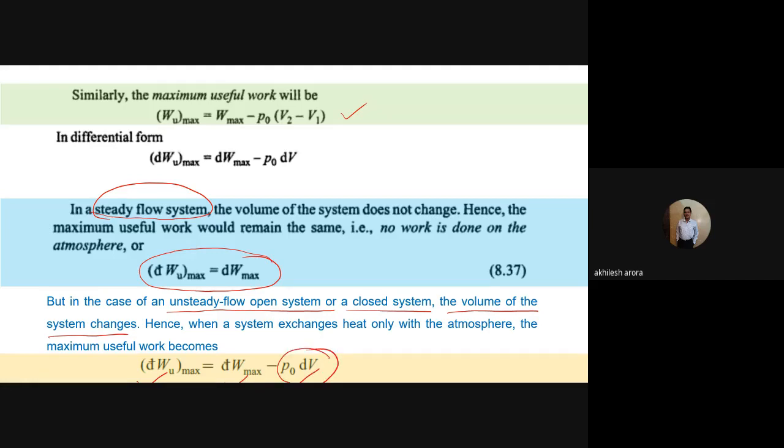So this term P naught dV represents work done against the atmosphere. Okay, so this is what we did last time.